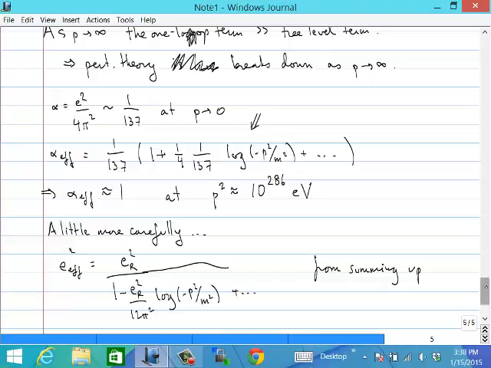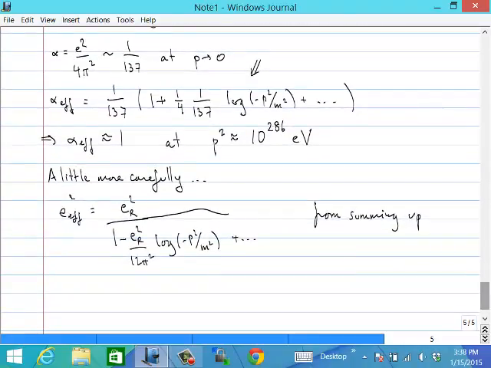So you actually see that when this term here becomes equal to 1, you don't just have alpha effective going to 1. You have alpha effective going to infinity. As p goes to this critical value, which is about 10 to the 286 electron volts.